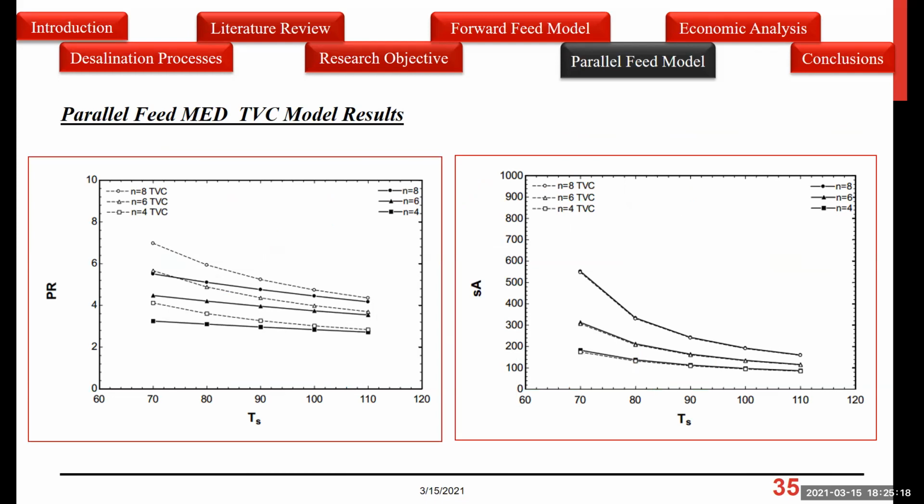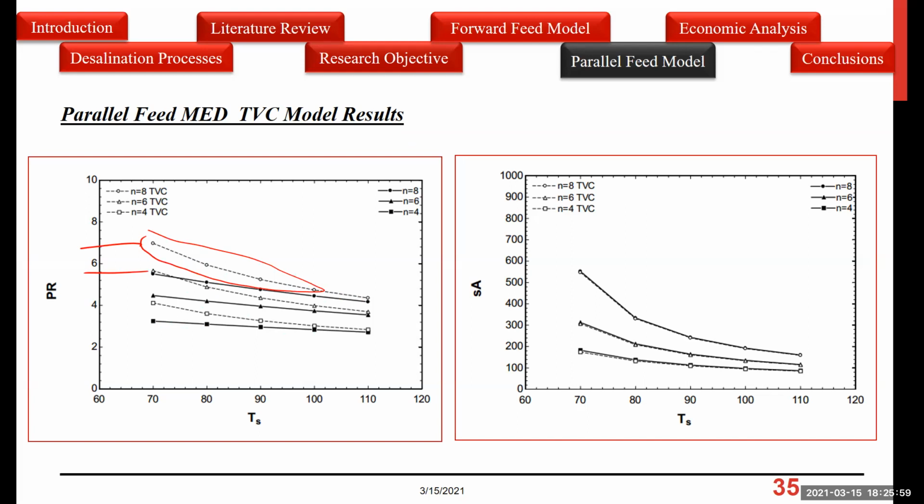Typically speaking, this is the kind of results that we could show. The interesting thing about this figure is that it is showing the effect of the number of effects on the performance of the system. We've seen figures like this previously with the forward feed, that the PR decreases slightly with increase of TS for every one of the cases, but the cases where the TVC is there are associated with higher performance ratio compared to the other units.